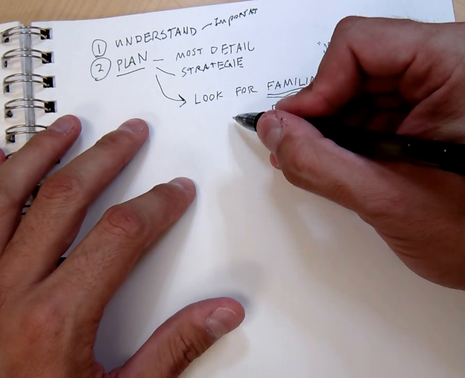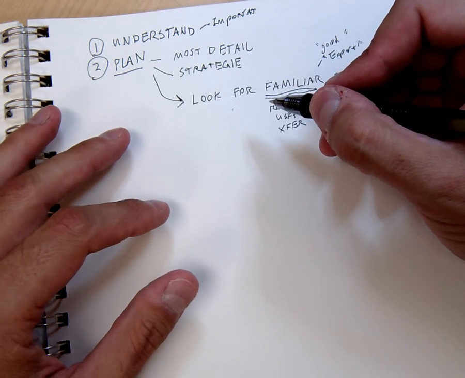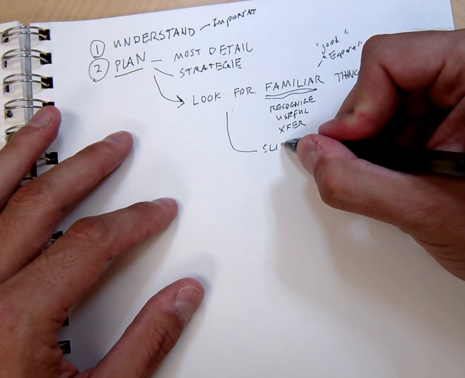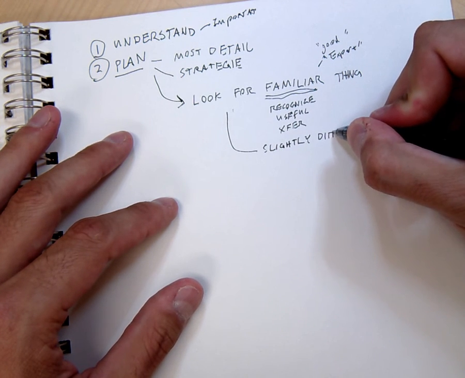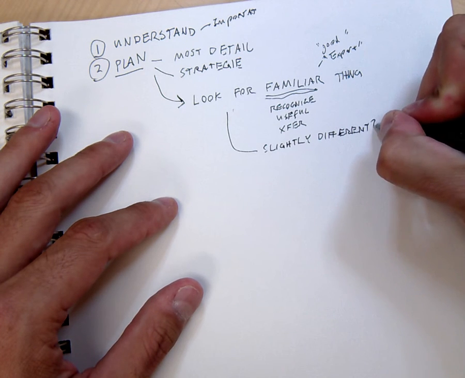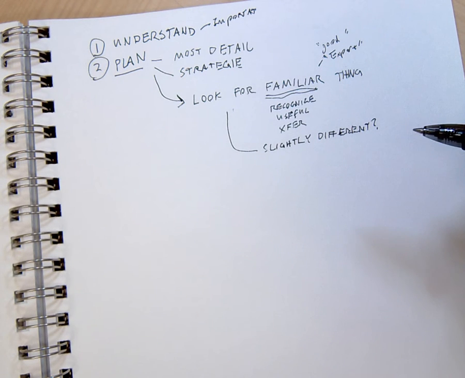Have you seen it before exactly, or in a slightly different form? Maybe somehow slightly different. And if you can recognize that, then maybe there's something that you could bring over. Look for related problems.